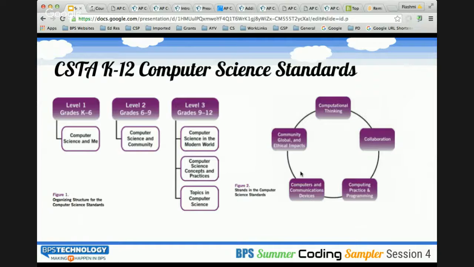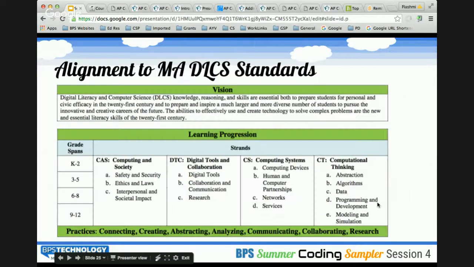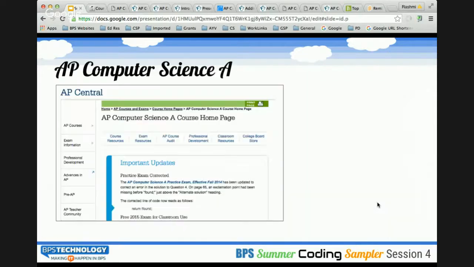The CSP Principles course is aligned very well with the CSTA K-12 standards, which are nationally recognized. Again, there are 5 strands in this, and if you look at the MADLCS standards, there are 4 strands. So you can see how these standards merge and how these courses align very well with the upcoming MADLCS standards as we go into implementation stages.